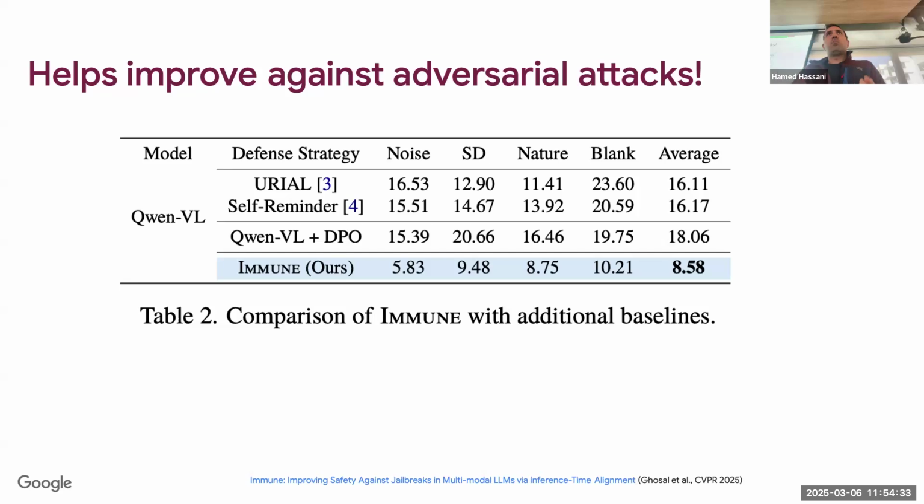But if you're doing this at inference time, the adversary has to go first. The adversary chooses their prompts, and then we defend against the adversary's prompt. Generally, these inference-time methods, especially for jailbreaking, are much safer compared to the training solution.